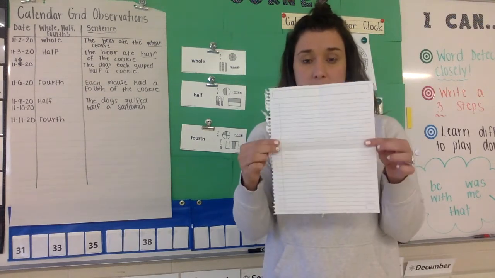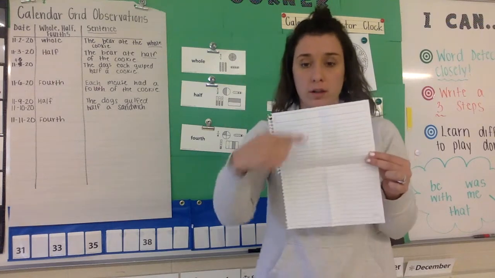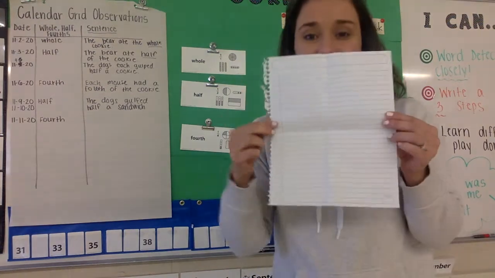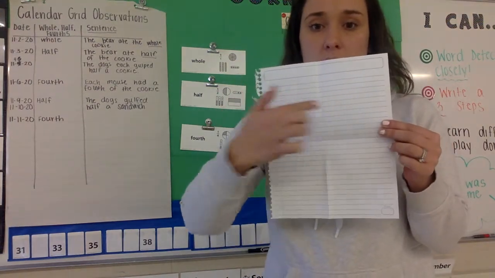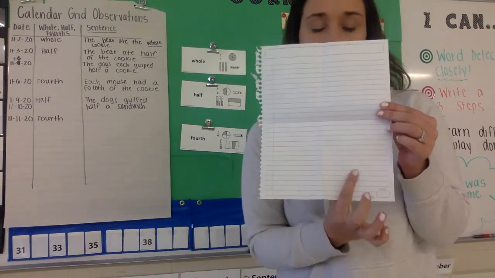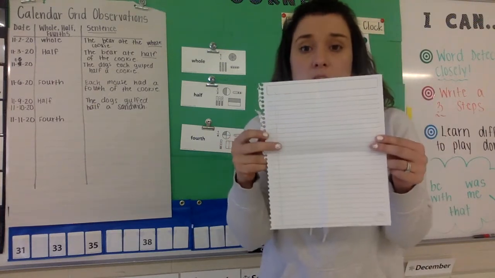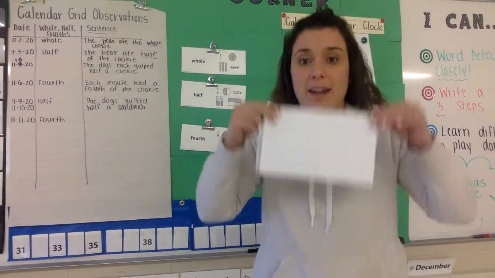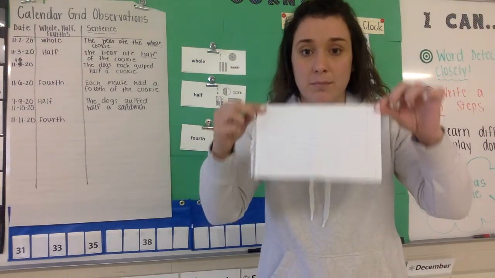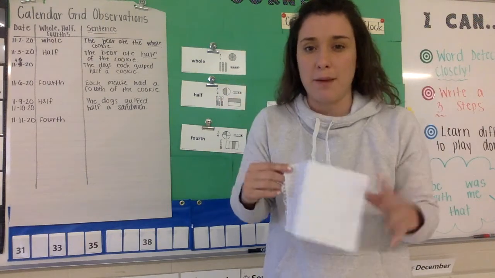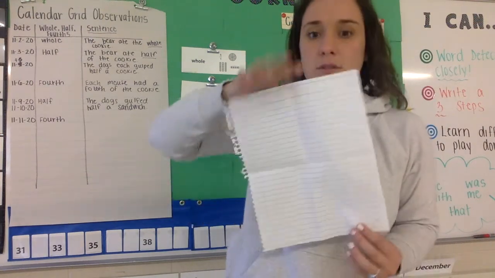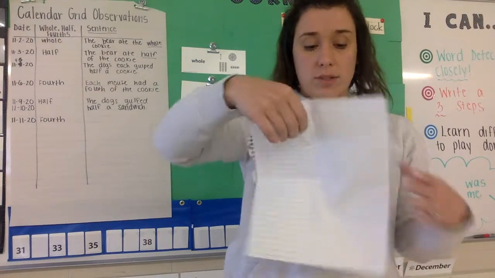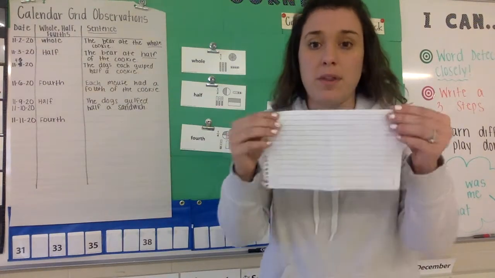Here's my piece of paper. It's a whole. The first thing I did, because you can even see I have 4 pieces, 1, 2, 3, 4, and I bet you did the same, is divide it in half. My piece of paper is now in half. So how many sides do I have? 2, right? But then look what I did.